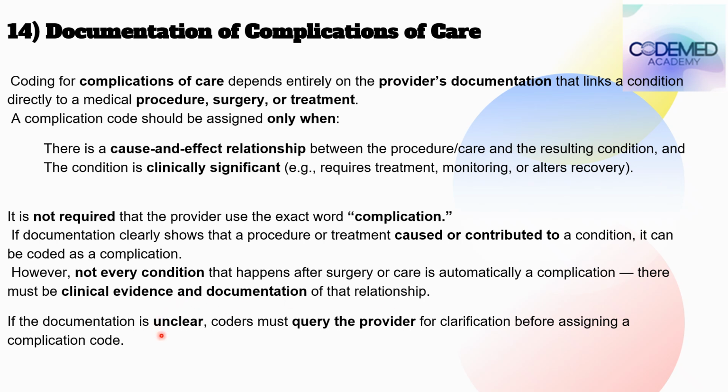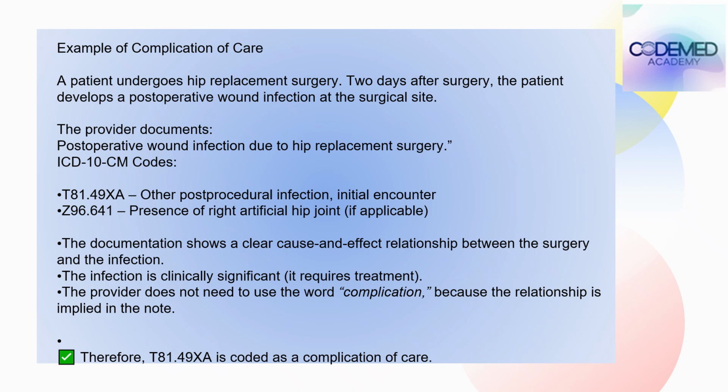If the documentation is unclear, the coder must query the provider for clarification before assigning the complication code. So remember that whenever a complication happens, find out why this complication has happened, whether it is related to the surgery, whether there is no relation, and whether it is clinically significant, which requires a treatment or monitoring.